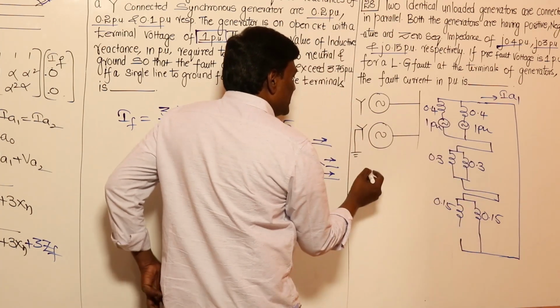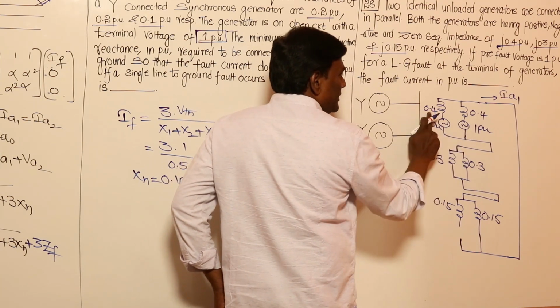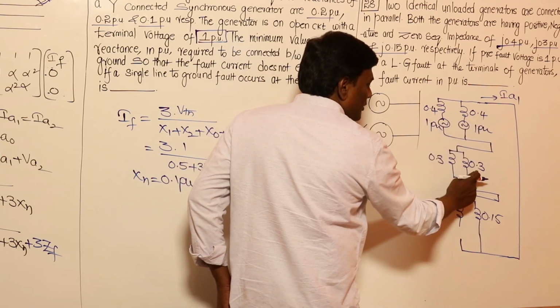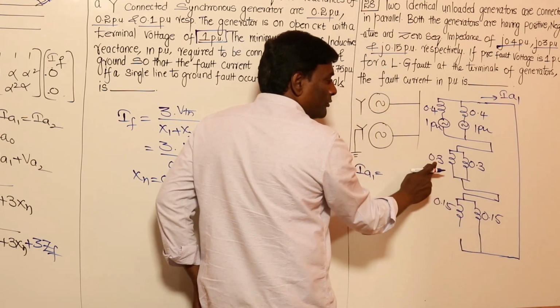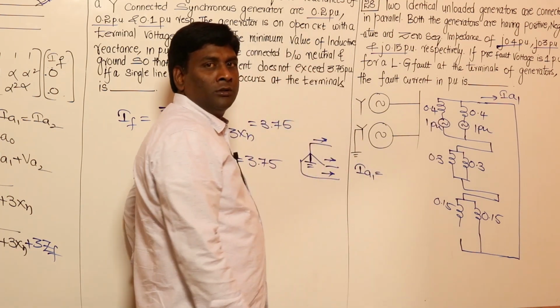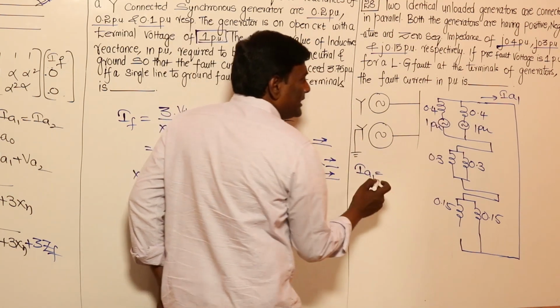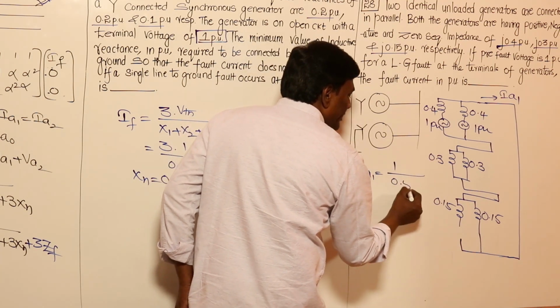Okay, so how much is IA1? IA1 is going to be, combined, 1 per unit over combined impedance: 0.2, 0.15, 0.15. So 0.15 plus 0.15 gives 0.3, and 0.3 plus 0.2 gives 0.5. So IA1 is going to be 1 divided by the total impedance 0.5.